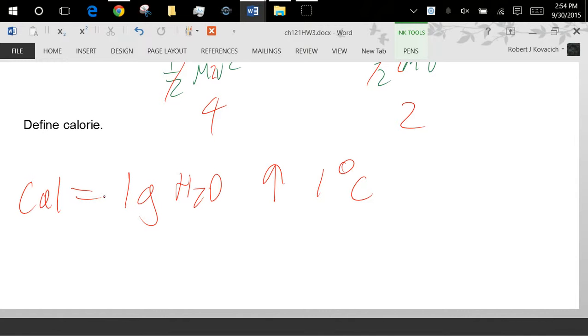If I put 1 calorie into 1 gram of water, which is about 20 drops, I'm going to raise that 20 drops of water's temperature 1 degree Celsius. Is that a lot of energy? It's not a lot of energy. Okay.